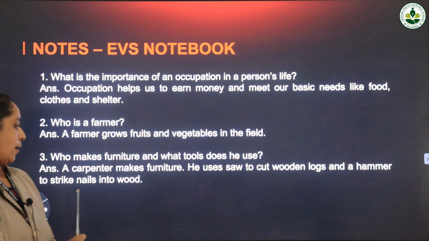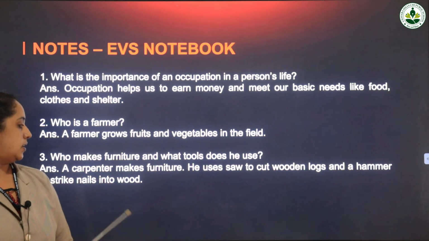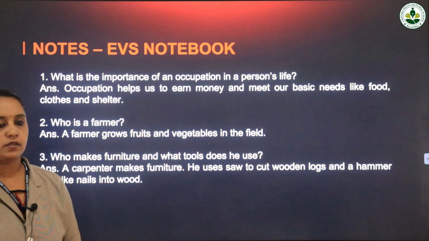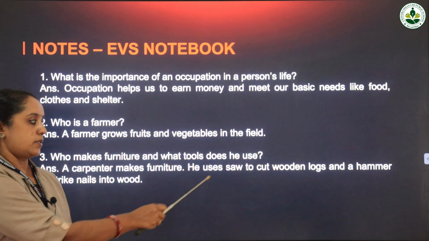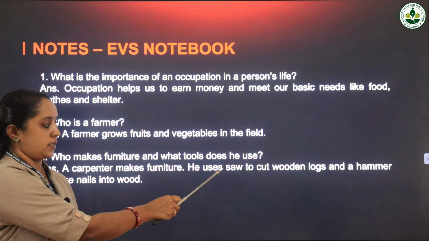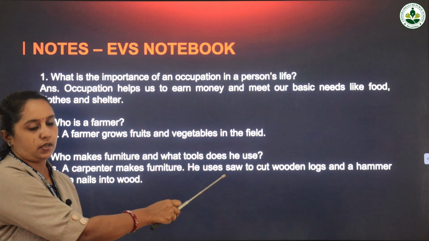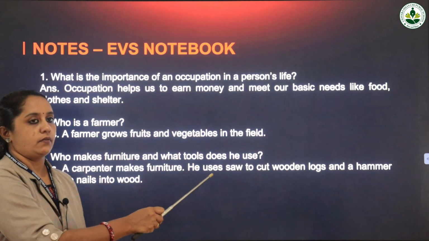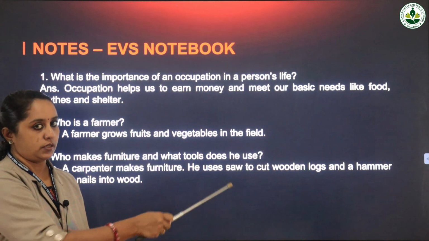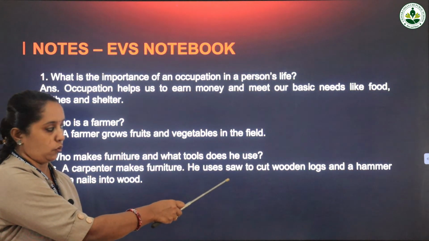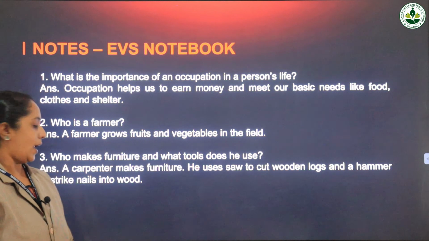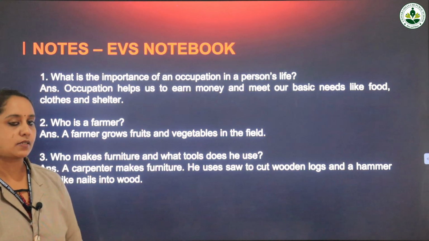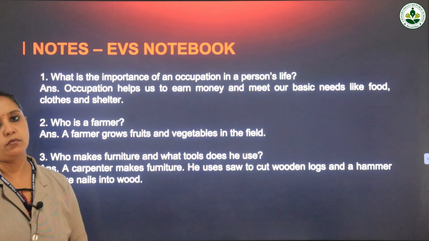So he uses a hammer to strike nails into the wood. So I repeat, a carpenter makes furniture. He uses a saw. This is the tool which is used here. You know that when we say see, the past tense is saw. That saw is not used here. It is the tool. He uses a saw to cut wooden logs and a hammer to strike nails into the wood.